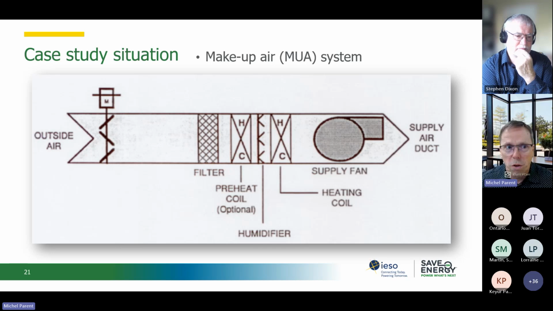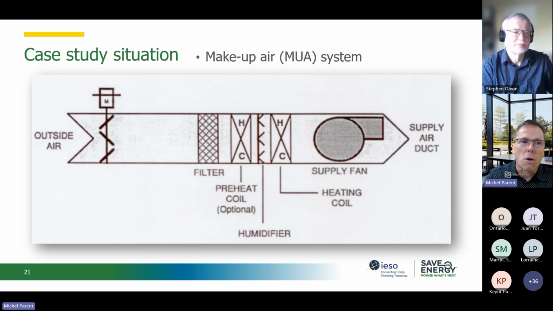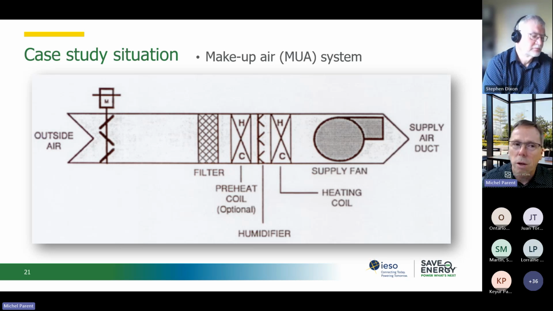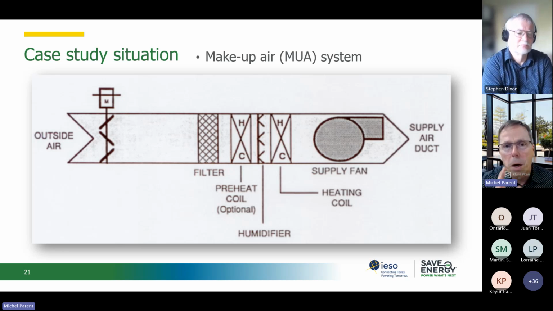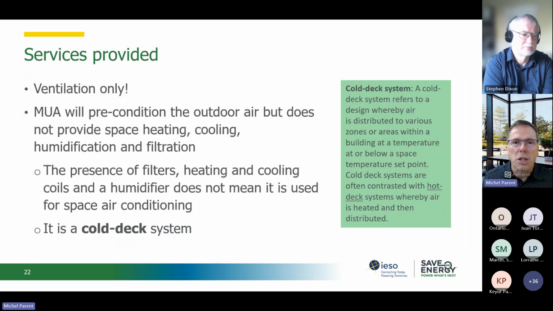It doesn't do filtration of the space air either, nor usually a lot of that. It does humidify the air, but not necessarily the space. If you get infiltration, you will need additional humidification. So between 1 and 2, if you include humidification, what's important is that this system, which is basically a ventilation-only system, a makeup air unit, preconditions the outside air but does not provide space heating and cooling.